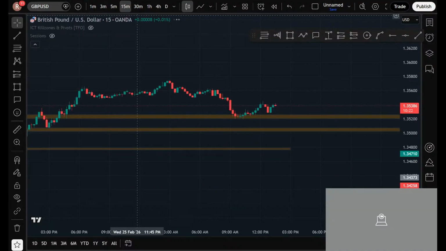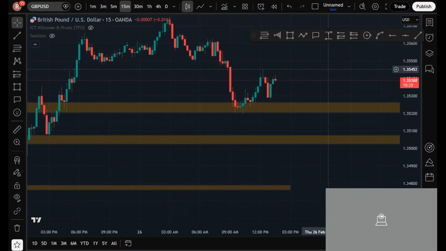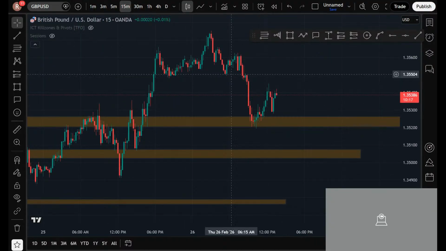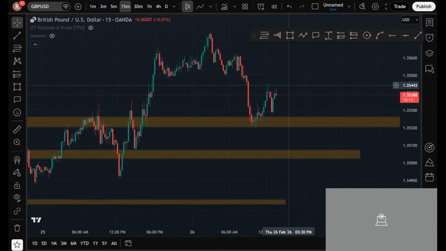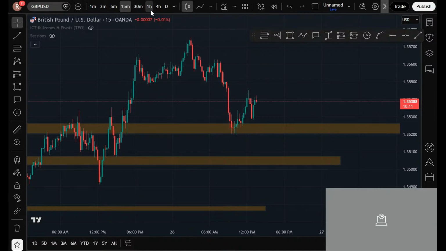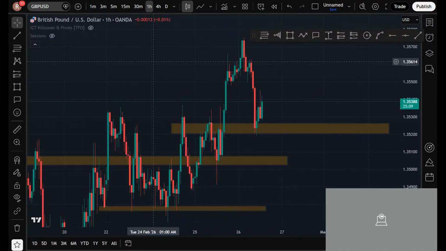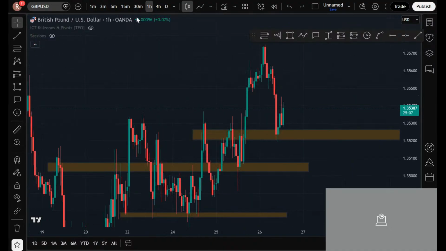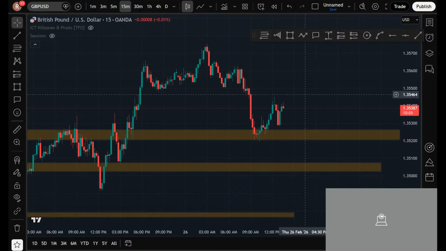On 15 minute, I can see sellers, buyers, sellers. On hourly time frame I can also see candle closing bullish.